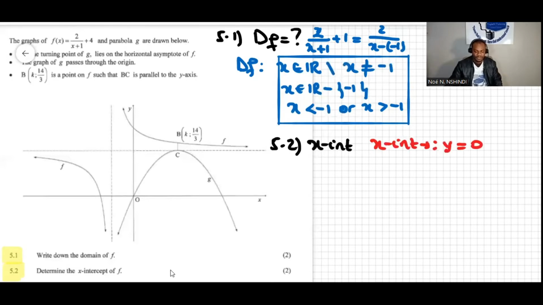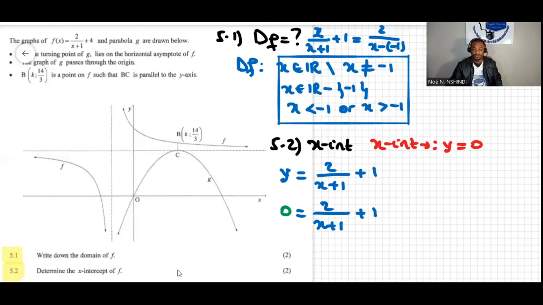So f of x is the same thing as y. So y equal to 2 over x plus 1 plus 1. Now x-intercept means we're going to make y equal to 0. So this y here will become 0, and then 0 equal to 2 over x plus 1 plus 1.